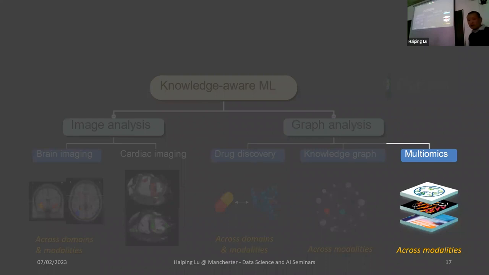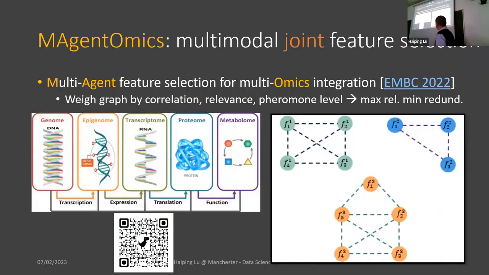The last technical work we are going to talk about is multiomics, where we develop a multimodal joint feature selection methodology. The problem of multiomics is that you have different omics: genomics, epigenomics, and so on. There are many more. But here, what we are doing is to model the different omics as graphs themselves.